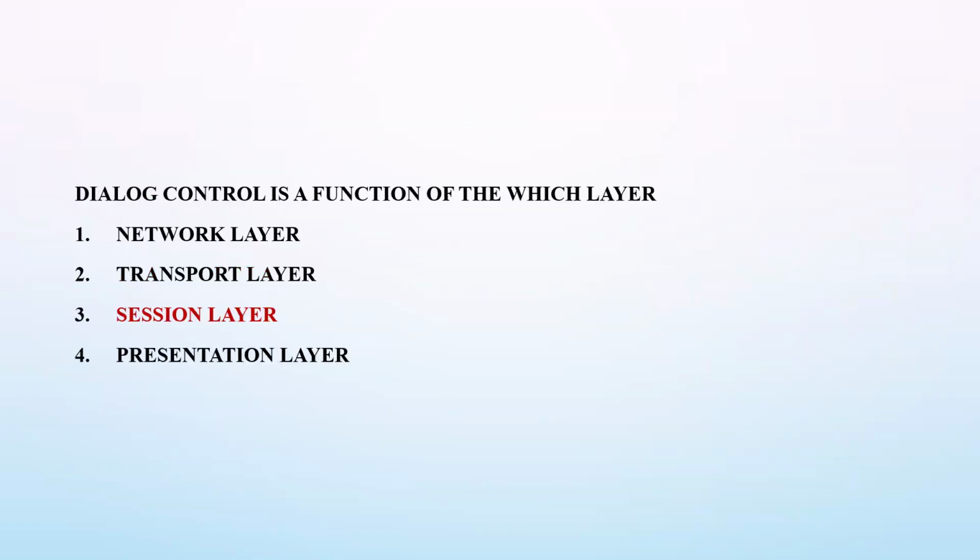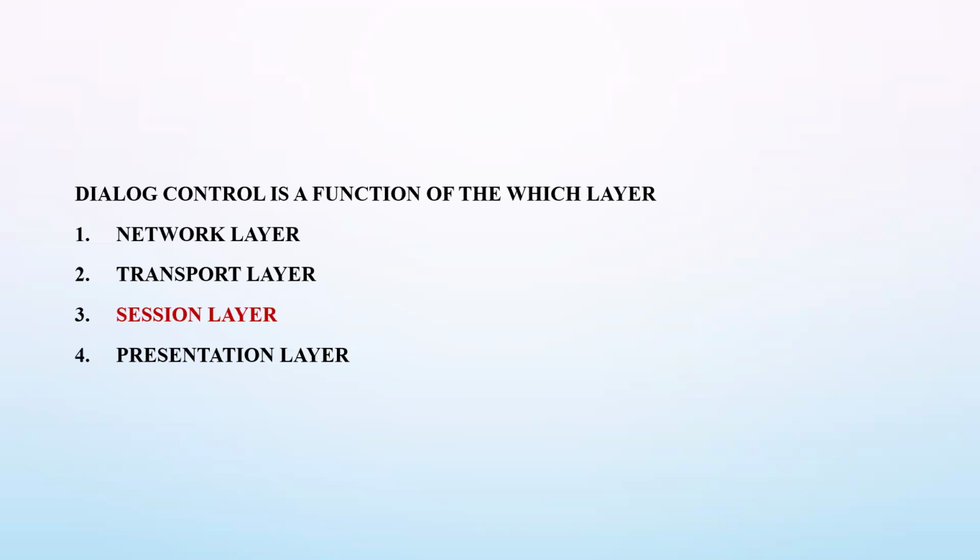And next question: dialog control is a function of which layer? It's a very direct question. We used to say we have 7 layers, and we have given full notes and exam-oriented notes too. In the exam-oriented notes, we give what the network layer means and the important things, what the transport layer means, which is end to end, and the session layer, which is dialog control.